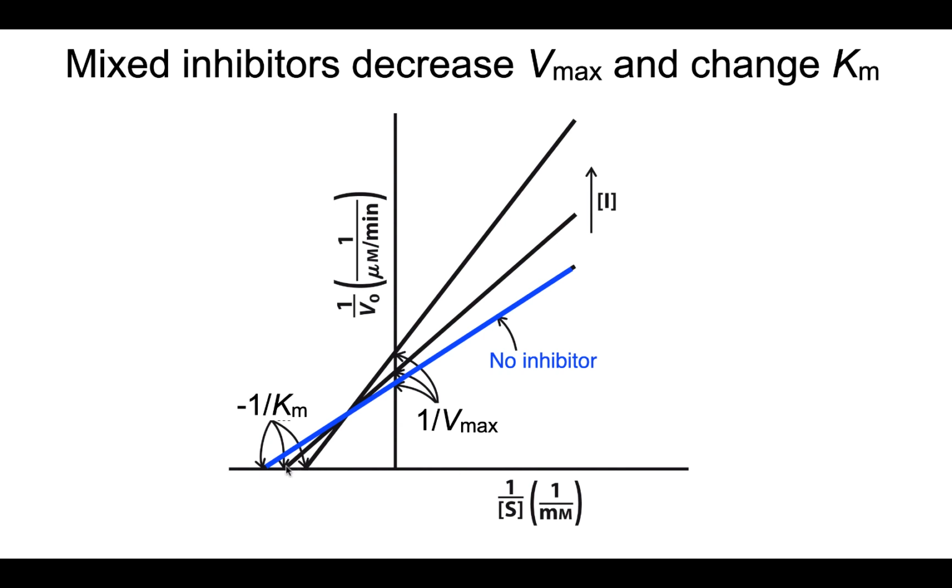We see increases in Km as we see increases in the concentration of inhibitor. So mixed inhibitors always decrease Vmax, and they always change the Km. But depending upon the mixed inhibitor, sometimes the apparent Km will increase, or sometimes the apparent Km may decrease.